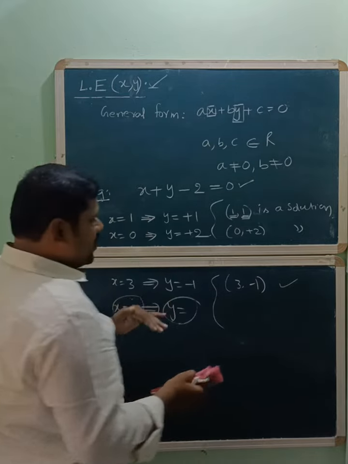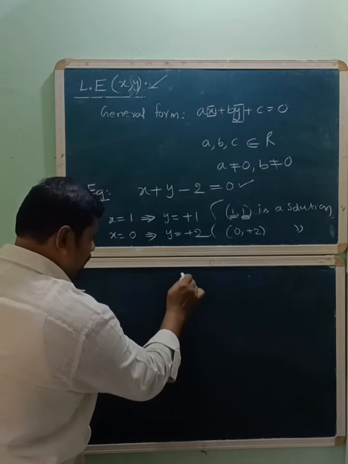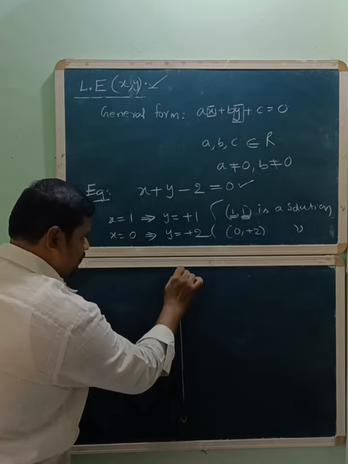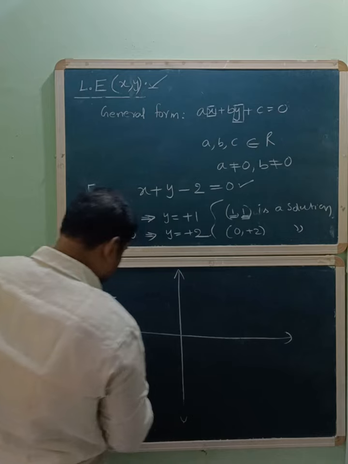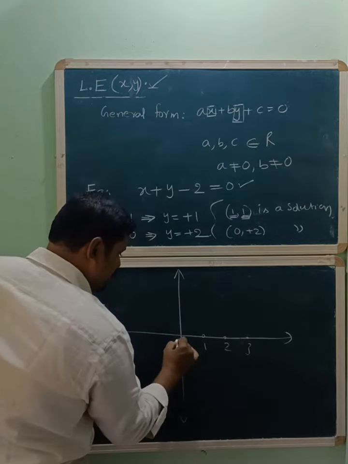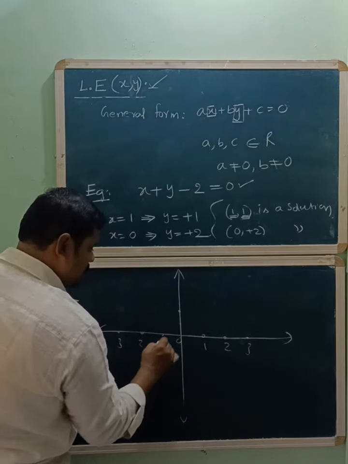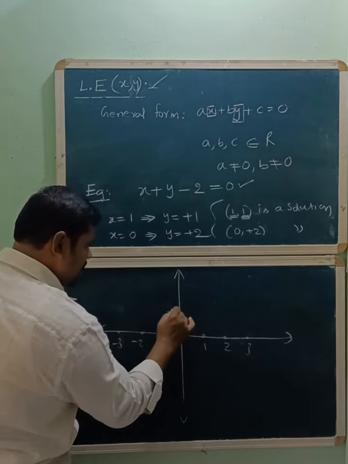Now we can draw the graph of this one. On the axes, we mark 1, 2, 3, 0, 1, 2, 3, minus 1, minus 2, minus 3.